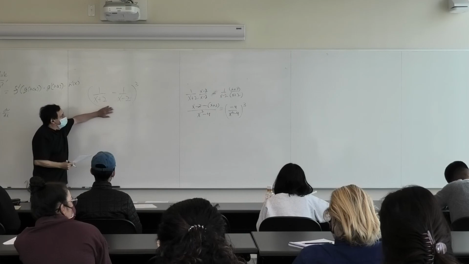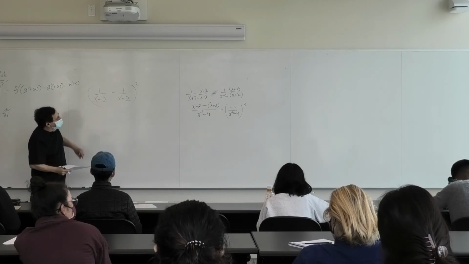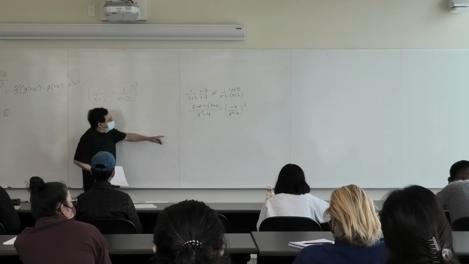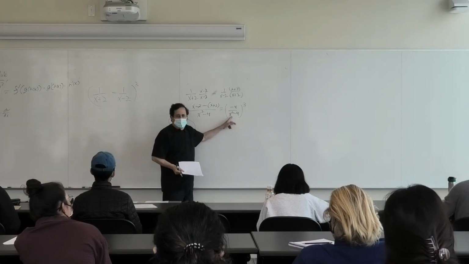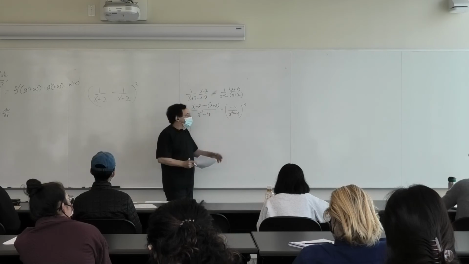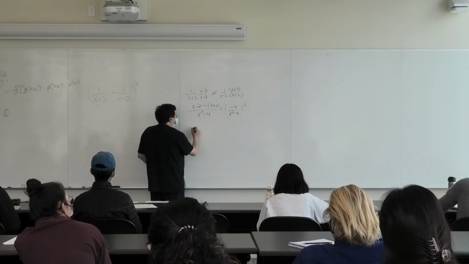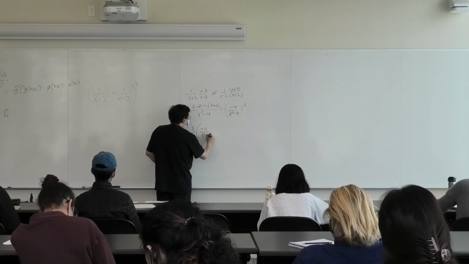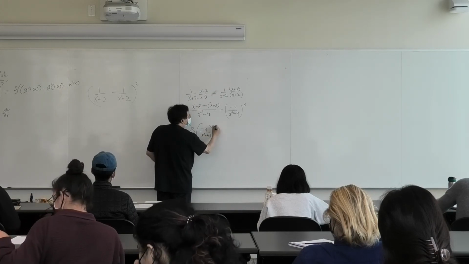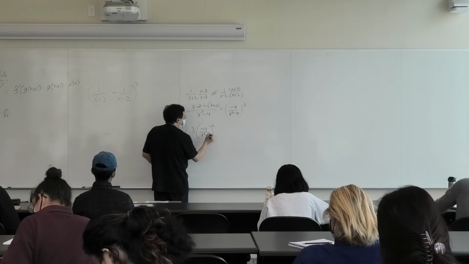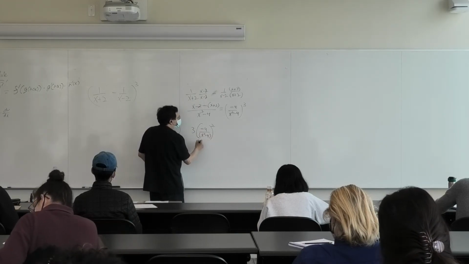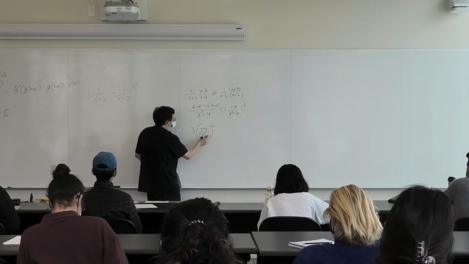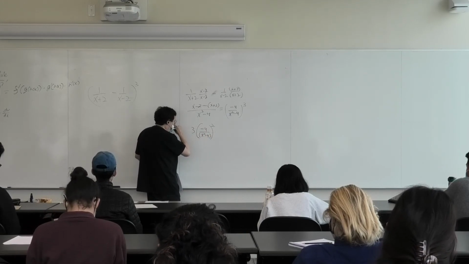I didn't do any calculus yet. I just found the derivative, and I'm thinking, well, maybe this will be easier. I don't know. Let's see. So I have 3 times minus 4 over x squared minus 4 squared times the derivative of minus 4 over x squared minus 4.